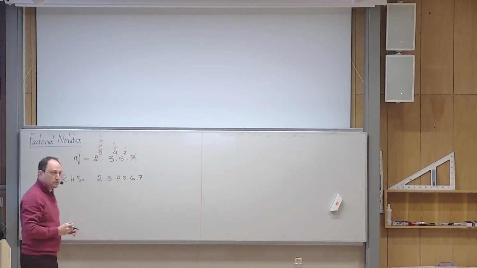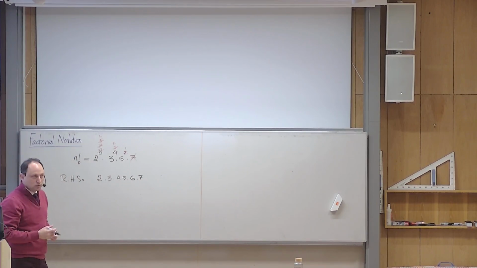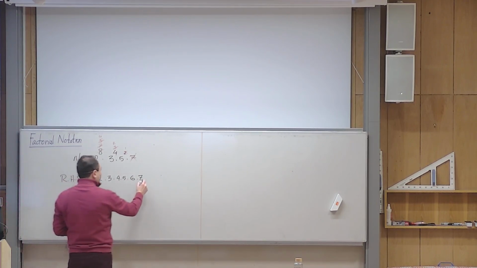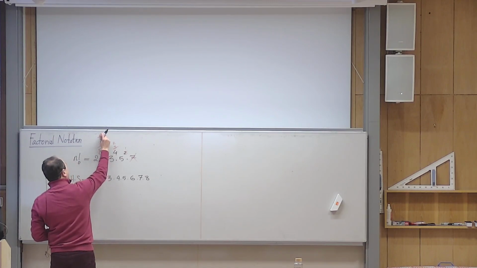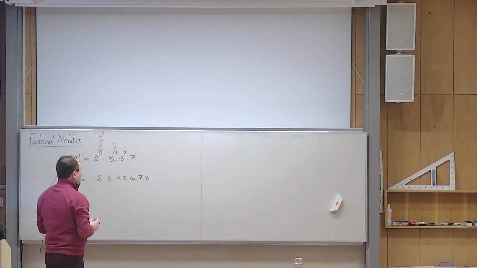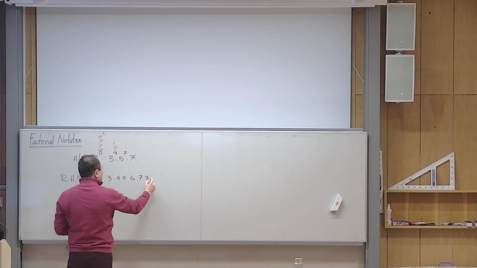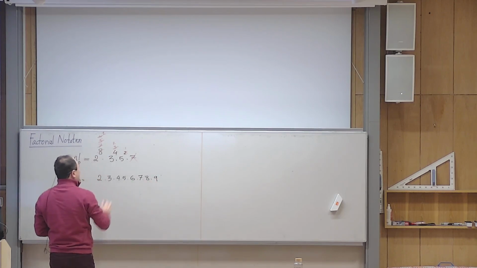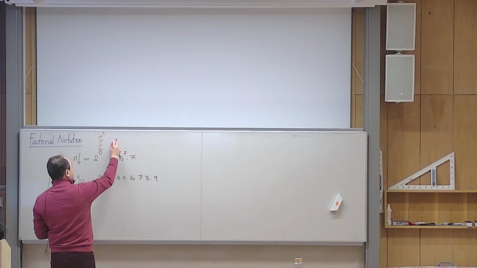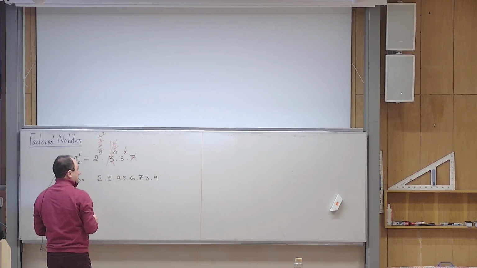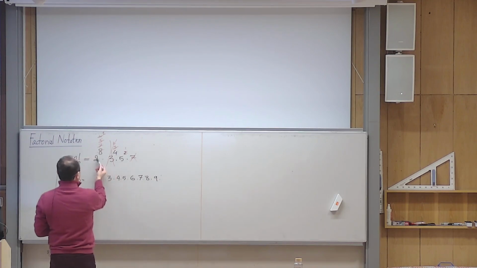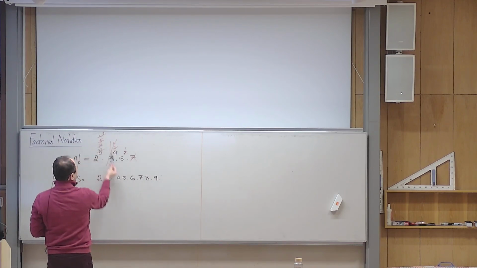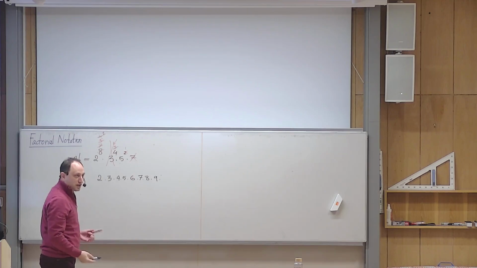But what is 8? 8 is 2 to the power 3, so it consumes 3 2's. Do I have enough? Yes, still I have enough. 1 is left. And then I have 9. 9 consumes 2 3's, and exactly I have 2 3's, so finally I got rid of 3's. And then I have 10. What is left? You see, 1 two is left, 1 five is left, and that's exactly 10.